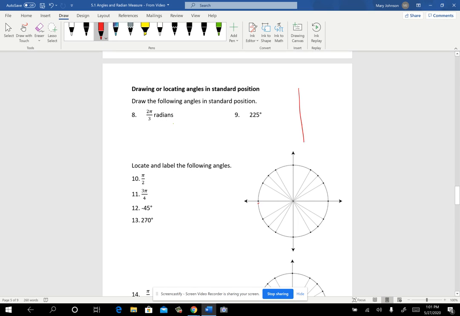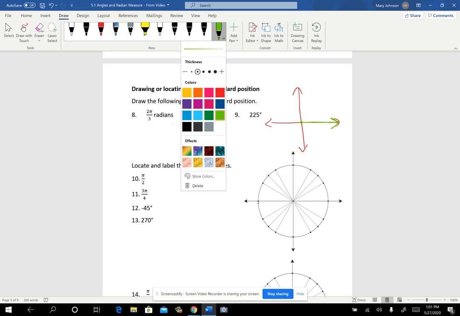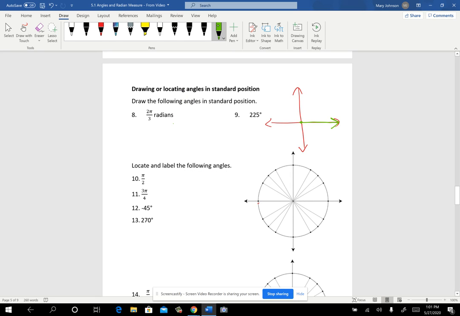So we have a coordinate plane, okay, and we're trying to draw it in standard position, so we want the initial side to be on the positive x-axis. Then when you're thinking degrees, you're thinking about the amount of rotation for your terminal side. So like if I went all the way around to here, that would get me to 180 degrees, right?